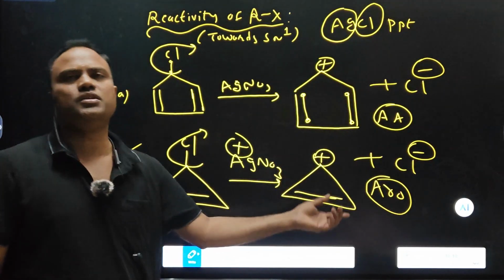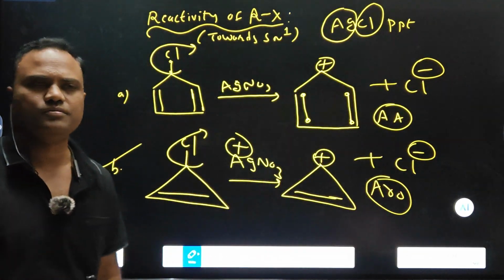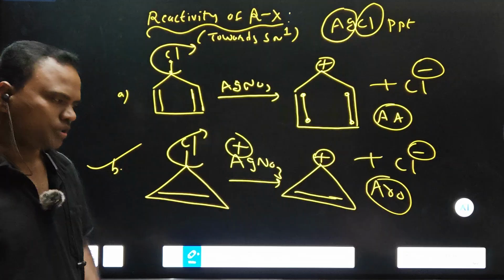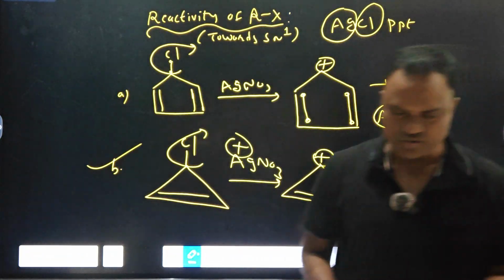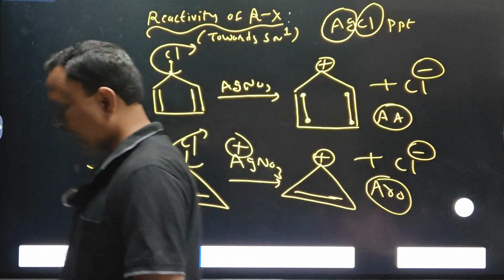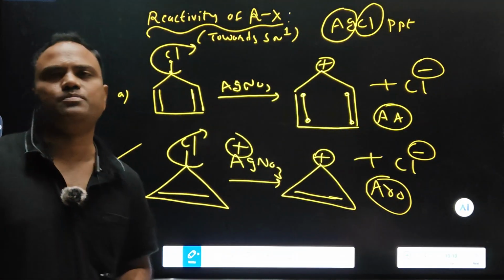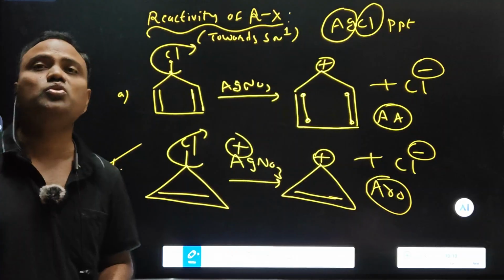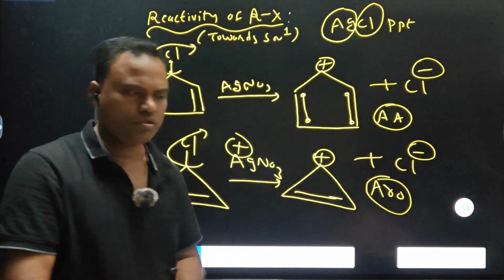Why is this stable? Because aromatic. That's why it readily forms AgCl precipitate. The alkyl halide which can produce stable carbocation will form AgCl precipitate. You know stability orders. Here you know GOC, right?